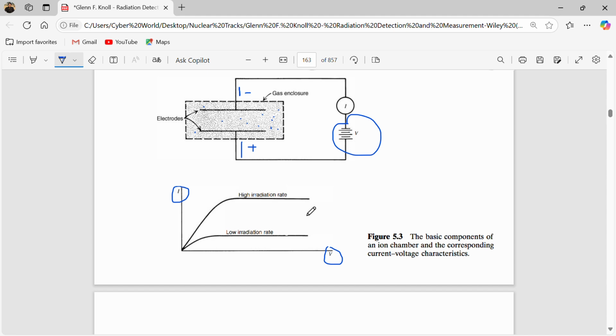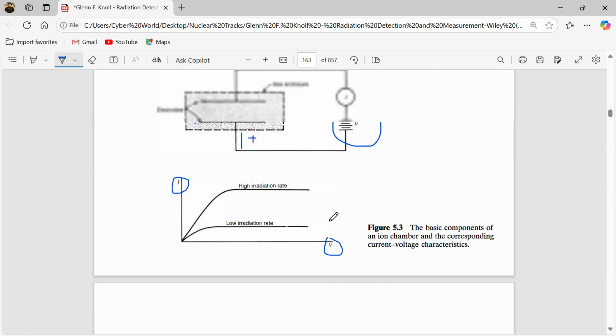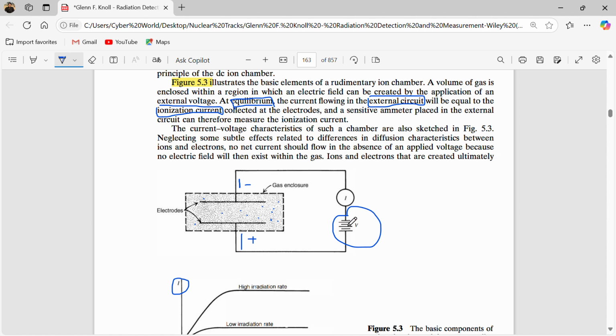So this is how we can conclude that ionization current must be produced once the charge ion pairs are produced. Steady state current has to be produced when the ion pairs are formed within the volume, not outside the volume. We can detect that current by this experiment by just installing an external ammeter and an external voltage. We can easily measure that current.